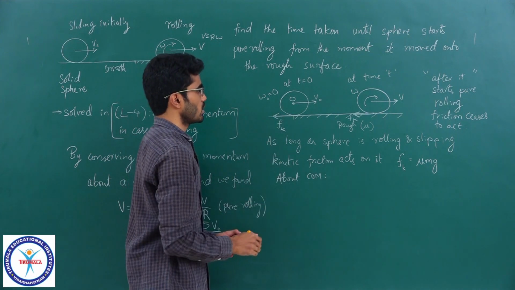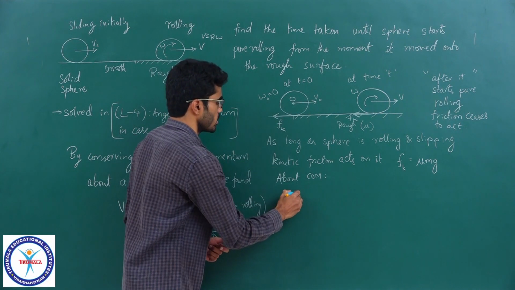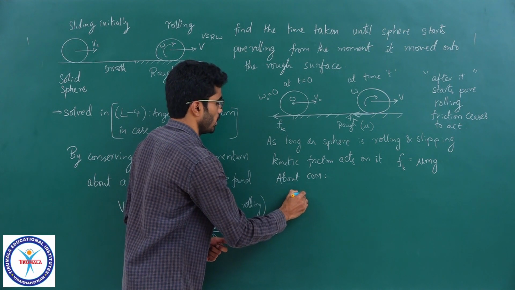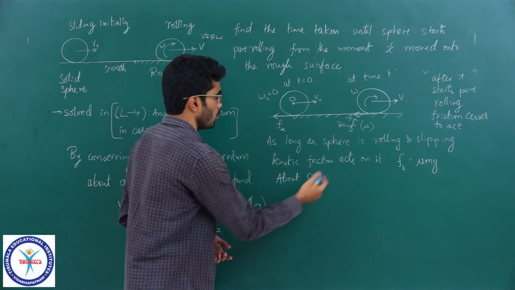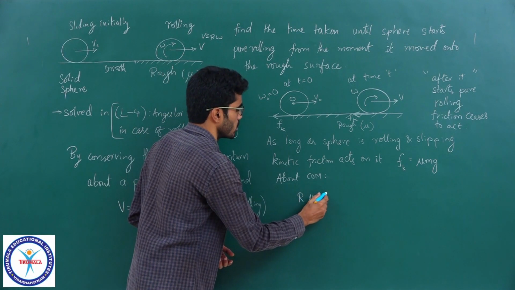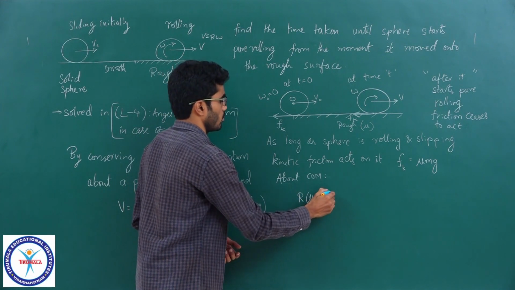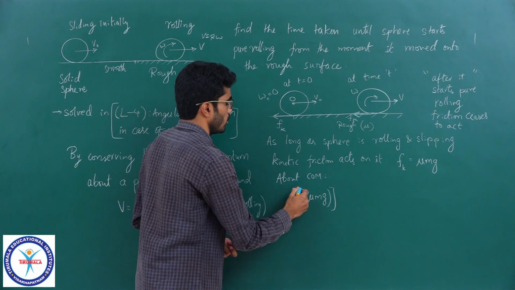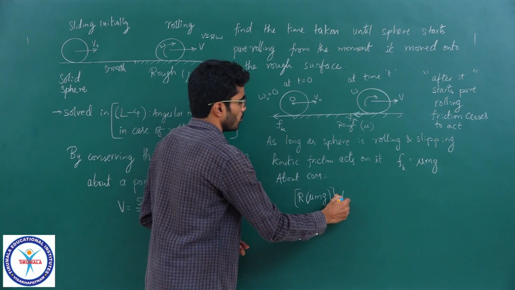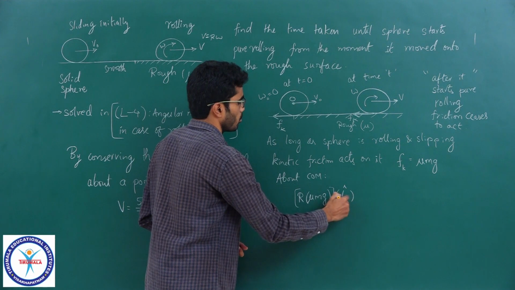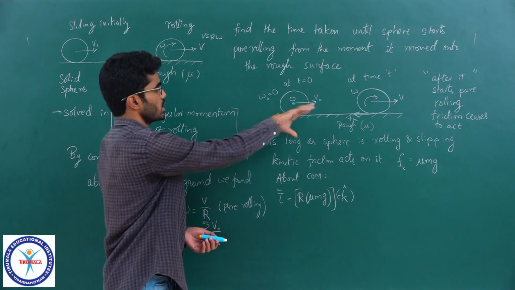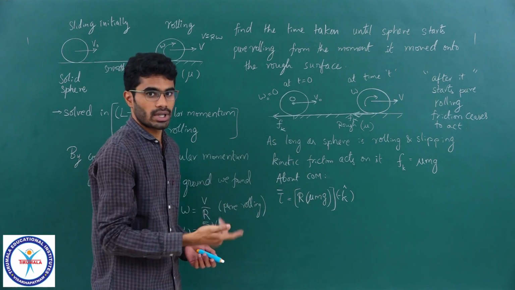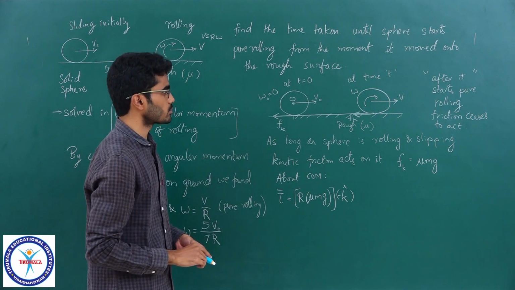The torque acting on the system will be clockwise, so it is perpendicular distance r cross F, but F is mu mg minus k cap, because it is a clockwise rotating torque.